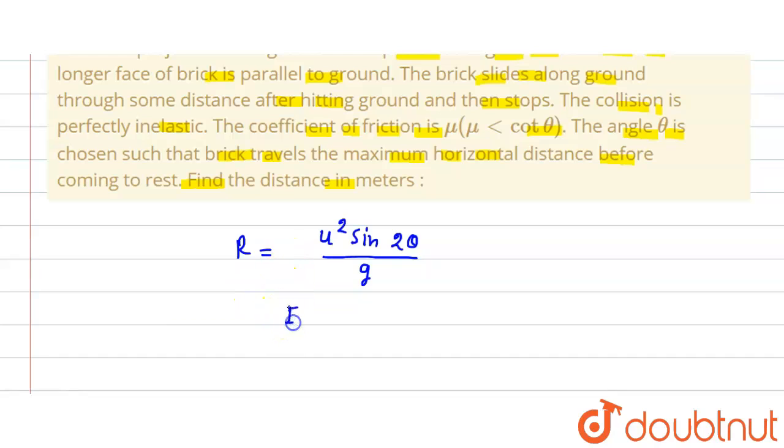So Ix is equal to mv sin theta, and here horizontal impulse is equal to minus mu mv sin theta.